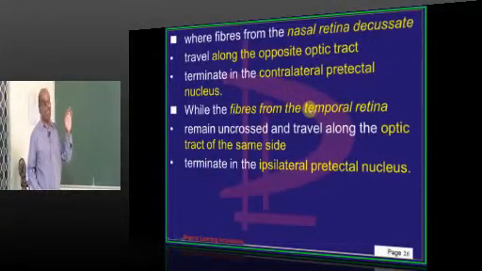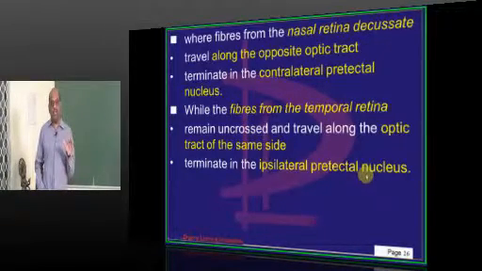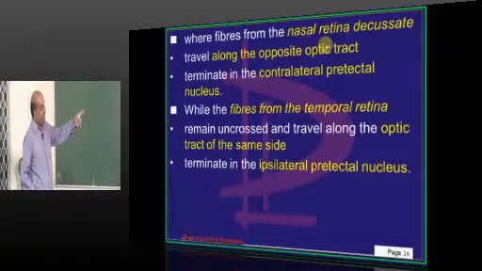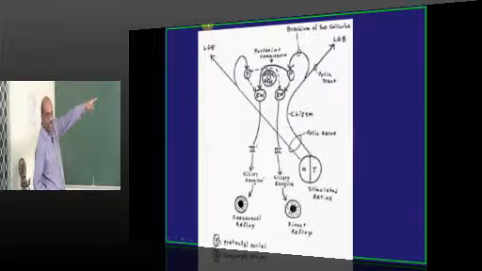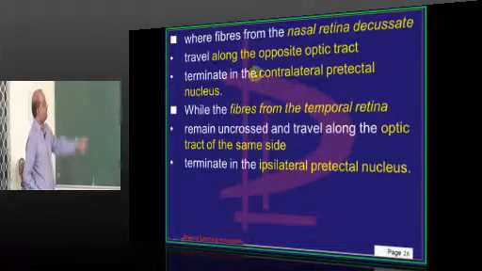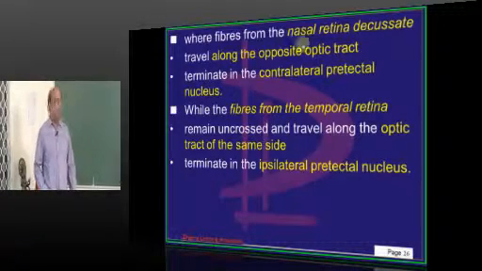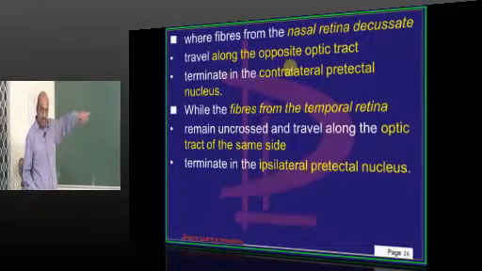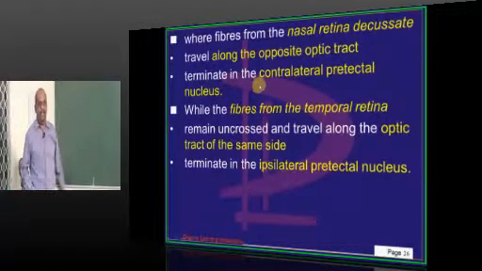Once they reach the optic chiasma, they undergo decussation. But who will undergo decussation? The fibers coming from the nasal retina will decussate to the contralateral side. The nasal retinal fibers travel along the opposite side optic tract and ultimately reach the opposite side pretectal nucleus.